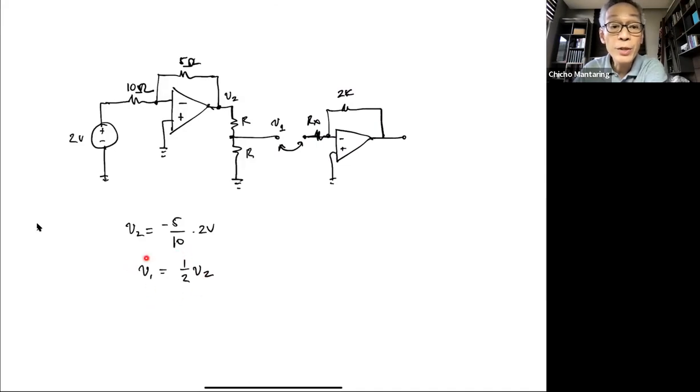Because as soon as I connect these two together, I will have Rx in parallel with R. And therefore, my voltage divider equation will be different. And that's what we call loading effect. So that's what you have to be careful about. When you cascade op amps together, just try to understand what effect the input of the next stage is going to have on the output of the first stage.